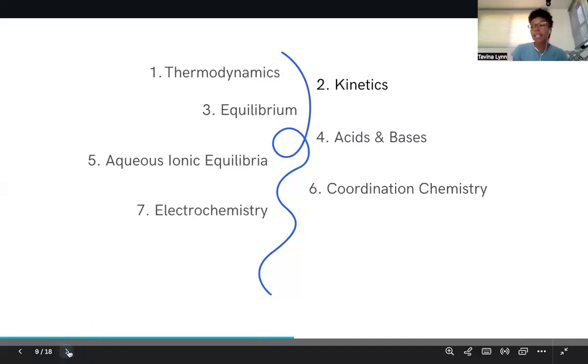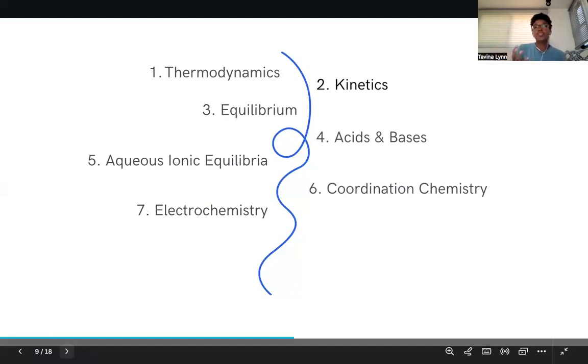From there, we'll talk about electrochemistry, which, as it sounds, is about electricity. We have these reactions that happen spontaneously, and we'll talk about what spontaneous means in thermodynamics.